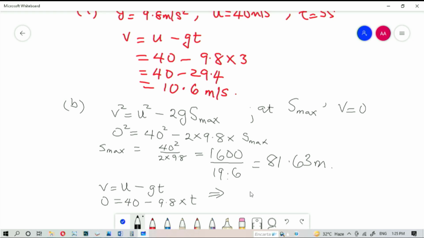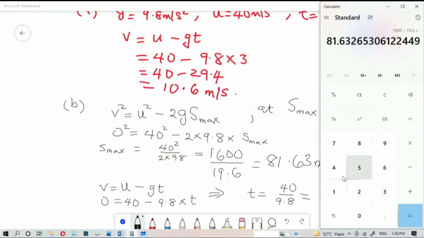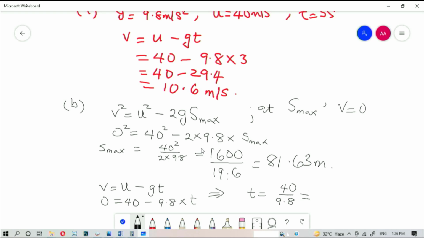That implies that t is equal to 40 divided by 9.8, which is equal to 4.08 seconds. That is the time it takes the stone to reach maximum height.